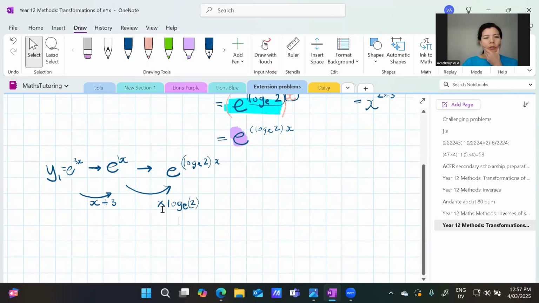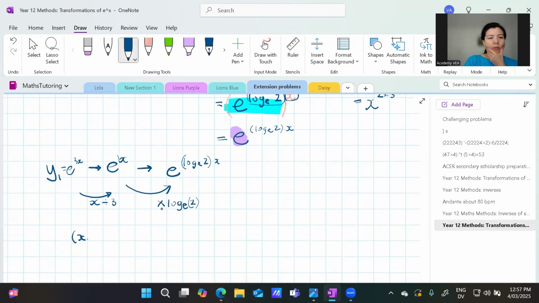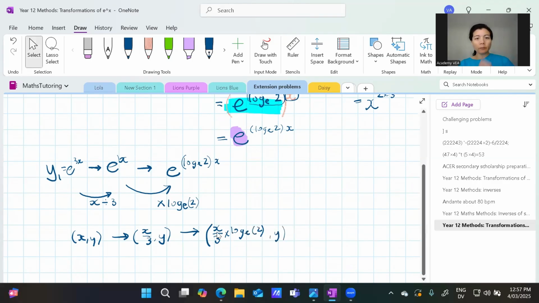So our transformations actually look like this. x, y changes to x divided by 3, y. Nothing's changed in the y's. And then you've got x over 3 times log to the base e of 2, and the y stays the same.